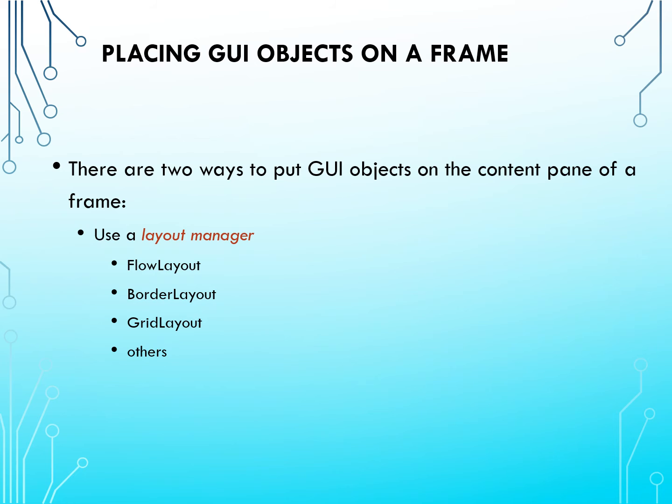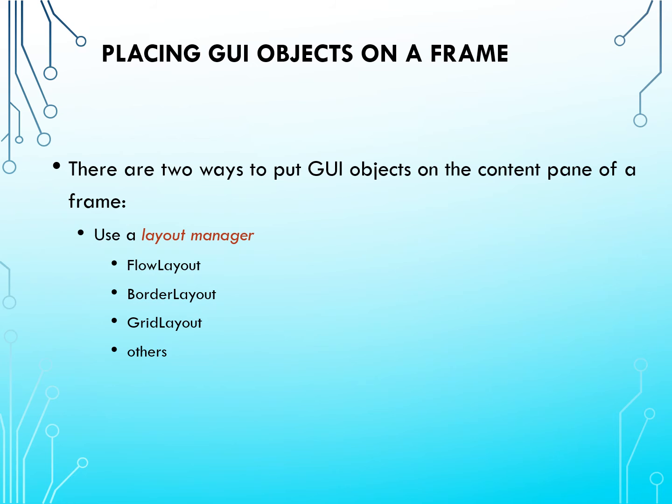This one is flow layout. It will organize all the components in a flow manner, one after the other, until it reaches the end of the frame. Then it will go to the next line and so on.